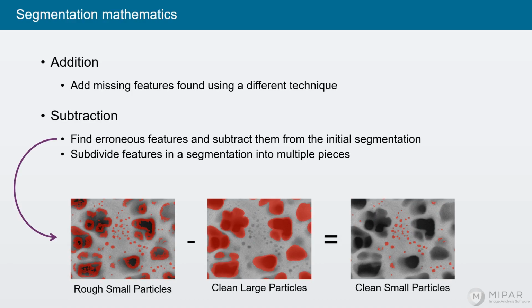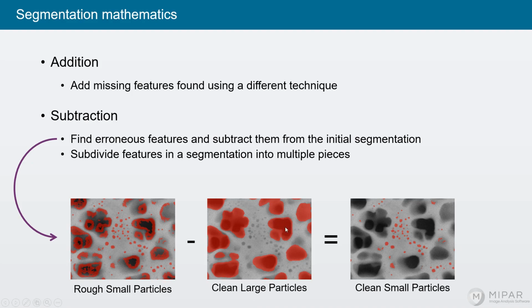And here's an illustration of some segmentation mathematics, binary mathematics. Say we have a rough segmentation that finds little particles, but it also finds this mess around the outside of large particles. Now, previously what we had done is we had found these large particles.